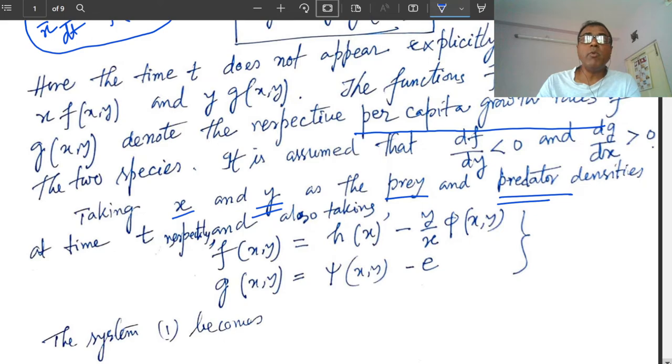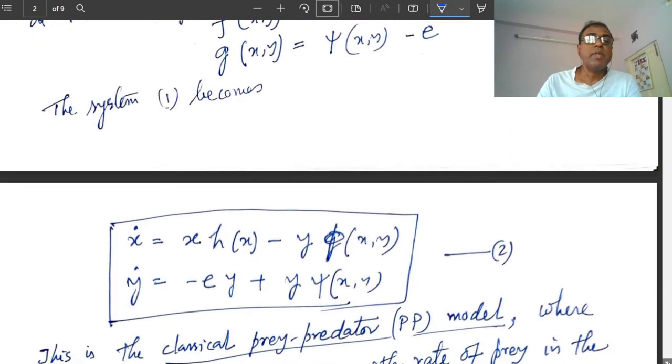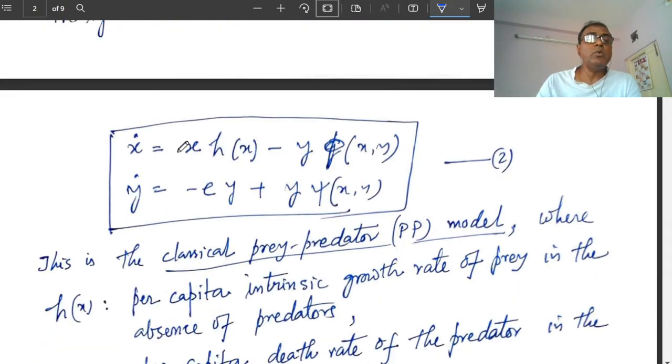Then system 1 becomes x dot equal to x into h(x) minus y into phi(x,y), and the second equation, y dot equal to minus E into y plus y into psi(x,y).